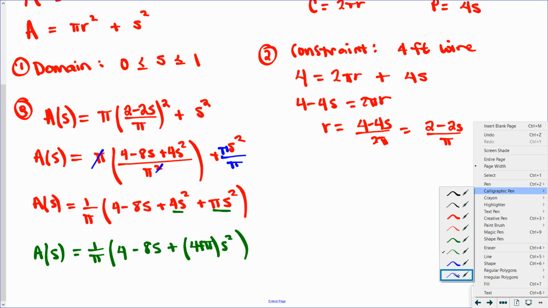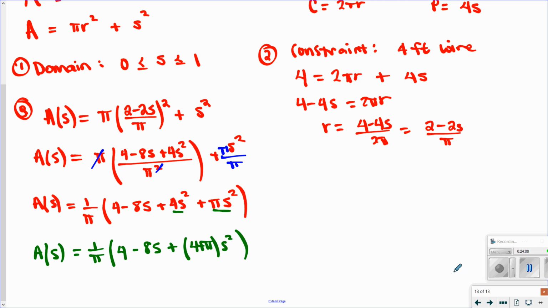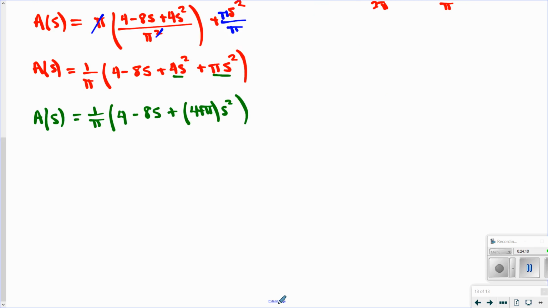All right, so let's do the differentiation now. A prime based on s is 1 over pi times, the derivative of 4 is 0, so negative 8 plus 2s times (4 plus pi).